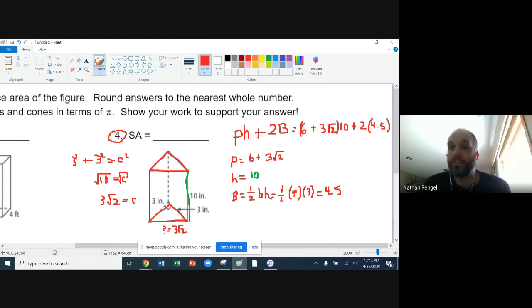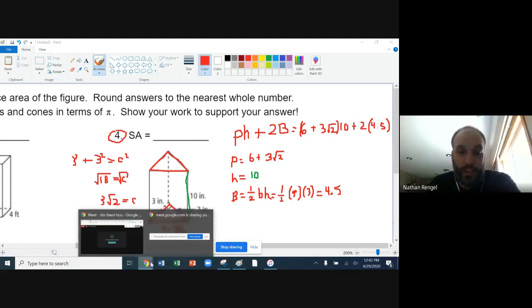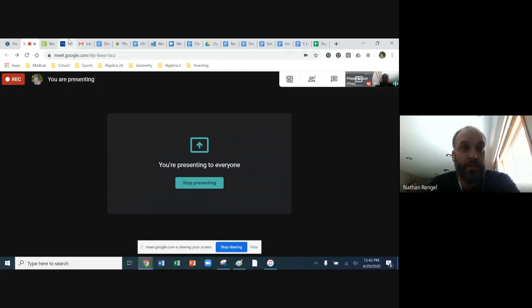Now all that is just going into my calculator. I'm not dealing with a cylinder or cone, so I'm going to go back to my calculator and plug in those values.